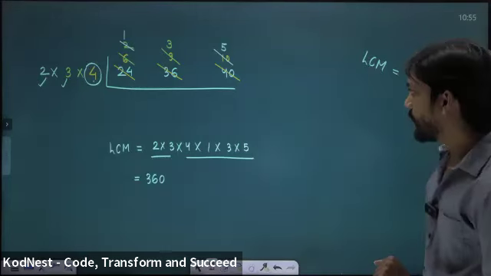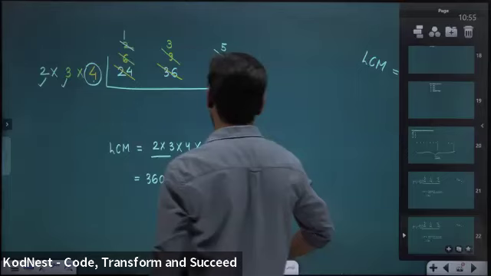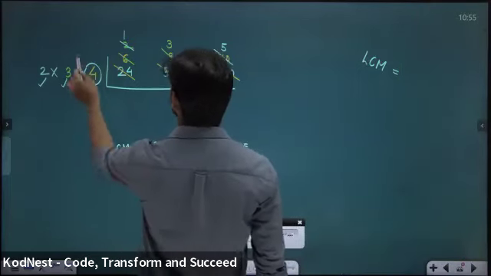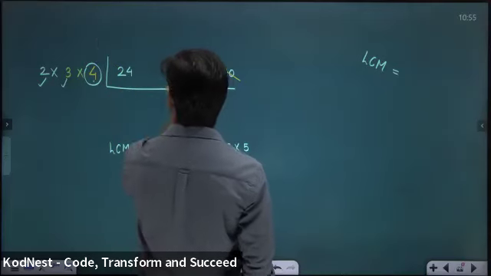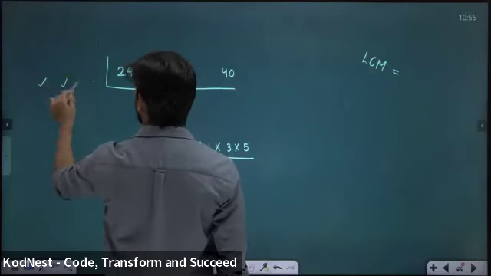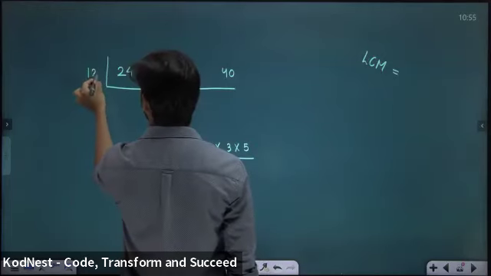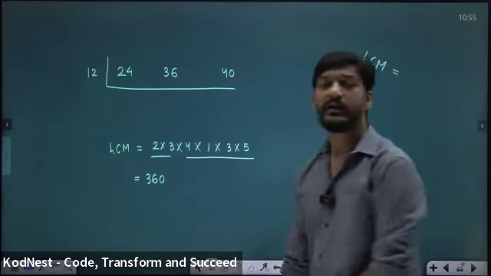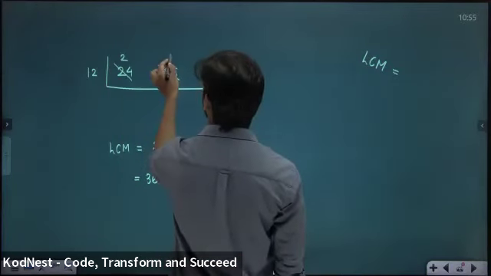For example, just one hint I am giving you. If you make this mistake, your answer will come out wrong. Suppose you have taken 12. So what you will do is 12 into 2 and 12 into 3.